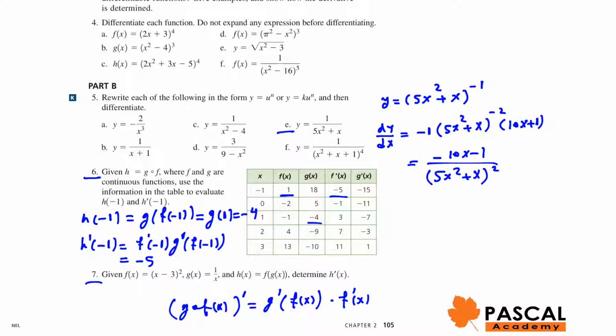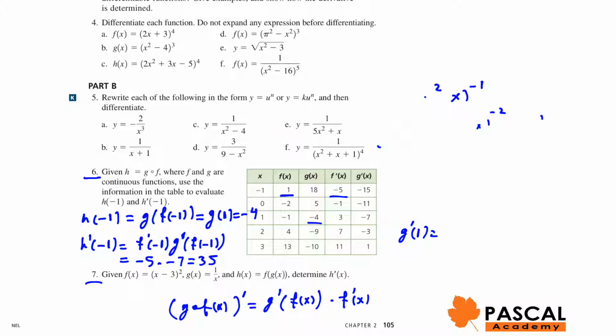And g prime of f of negative 1: f of negative 1 is 1, g prime of 1 is negative 7. So the answer is negative 5 times negative 7, which is 35. A very good practice on chain rule.